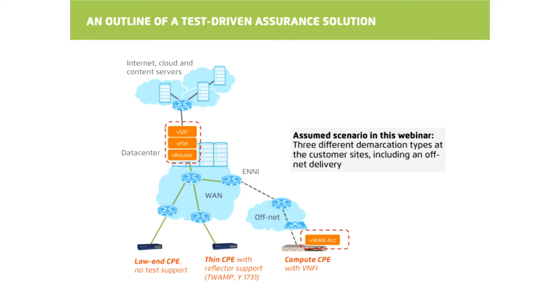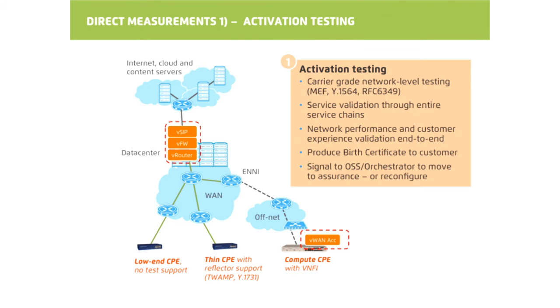So regardless of branch type here, there are three reasons to use direct measurement methods, and I will describe them quickly. First of all, the first reason for direct measurements is activation testing at the time of initial delivery.